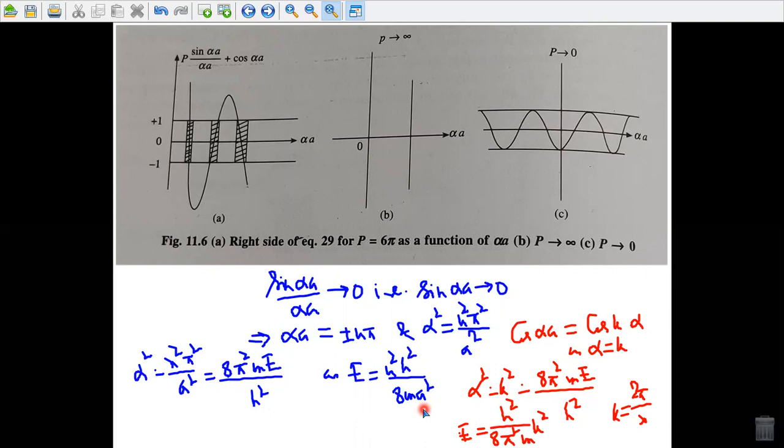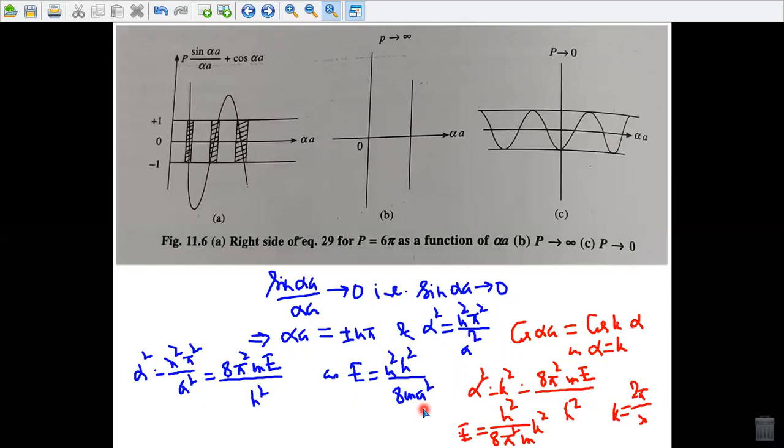So this is equivalent to the case of the discrete energy spectrum of a particle in a constant potential box of atomic dimensions. This is expected because for large P, tunneling through the barrier becomes almost improbable. That is the case of the particle in a box.